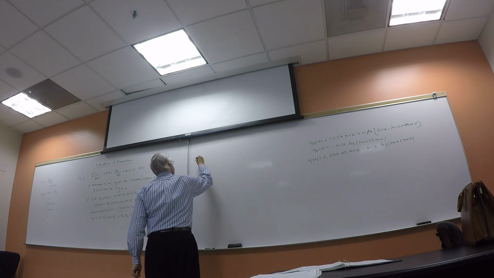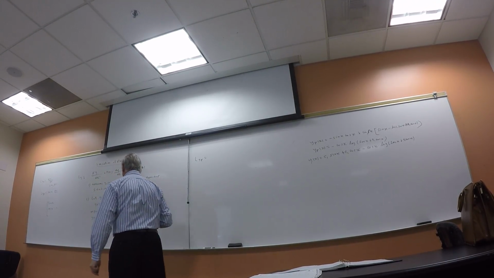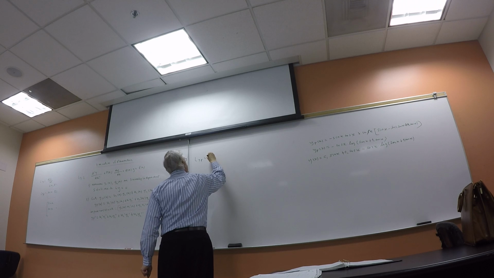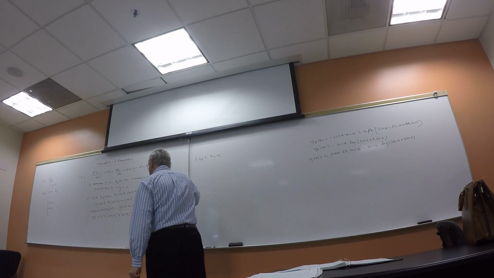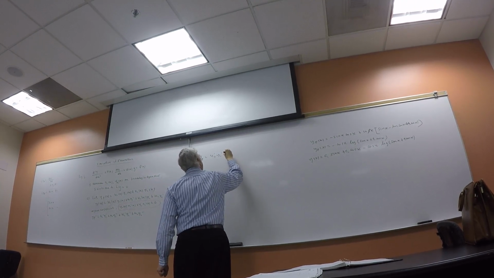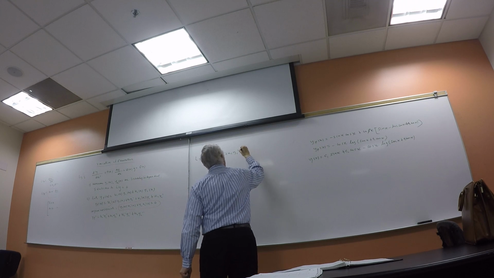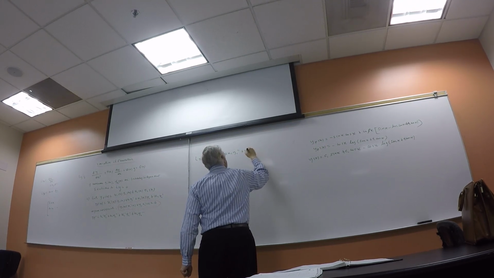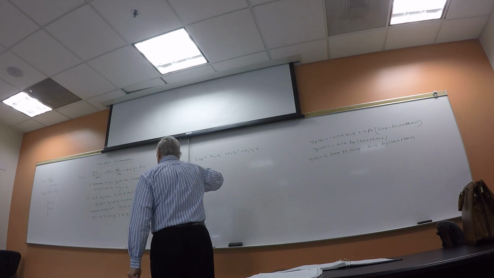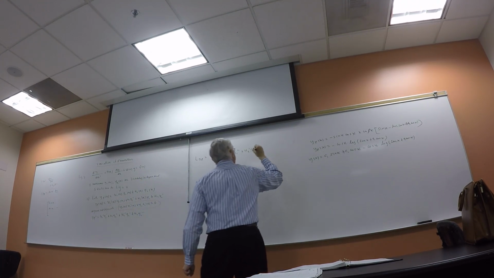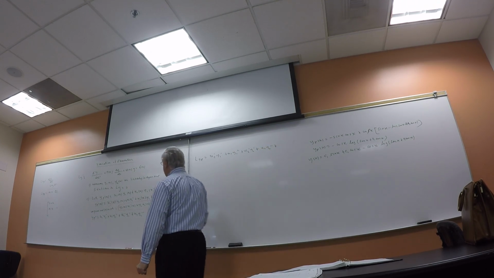Okay, L operating on y particular. I need yp double prime. So u1 prime y1 prime, plus u1 y1 double prime, plus u2 prime y2 prime, plus u2 y2 double prime, plus, what's the second term of the equation?